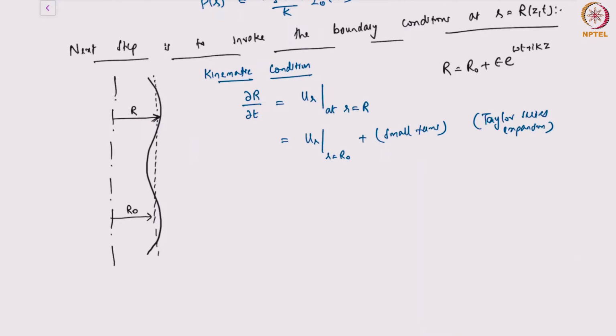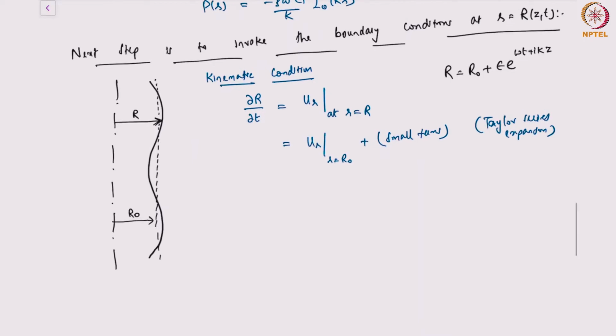Okay. So the left hand side in this case, del r by del t, becomes epsilon omega e power omega t plus ikz. The right side simply becomes capital U of r at r equals r naught, e power omega t plus ikz.